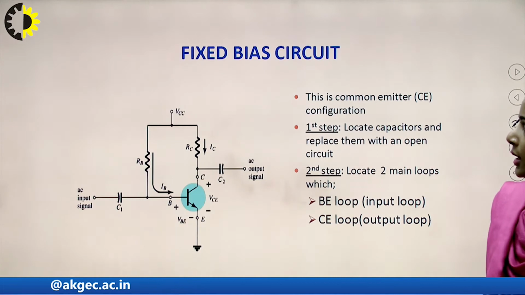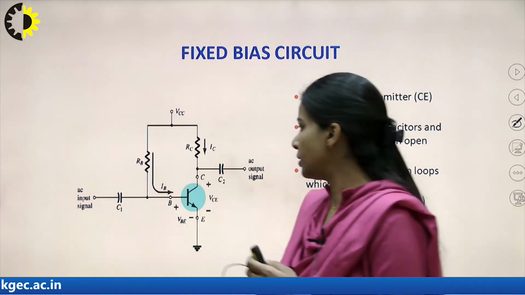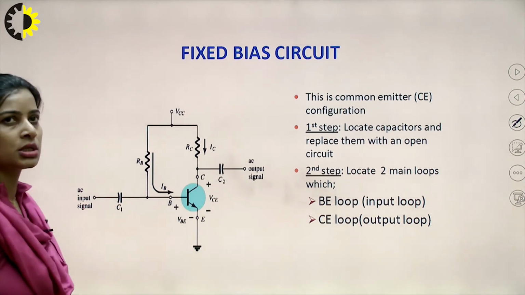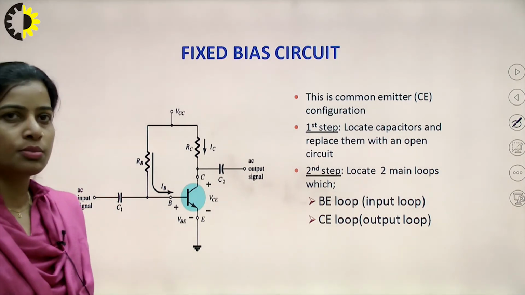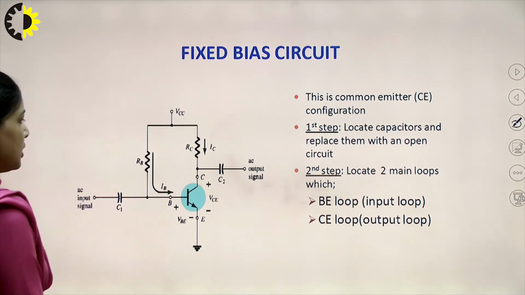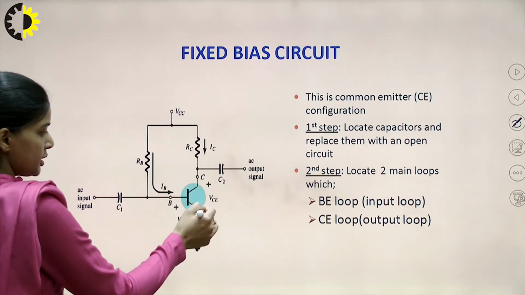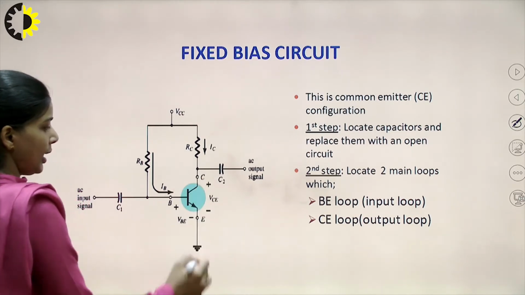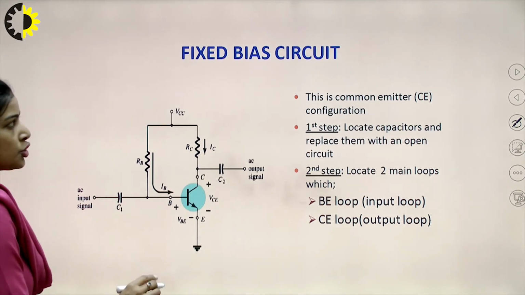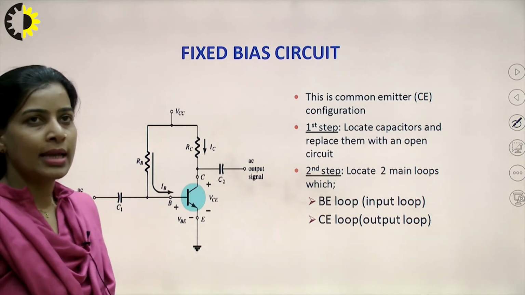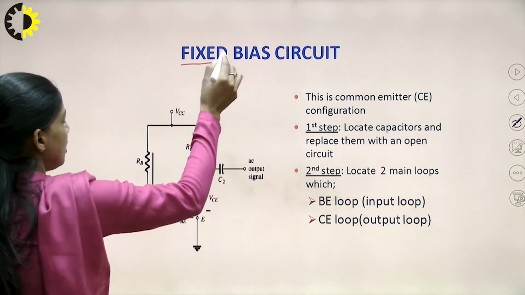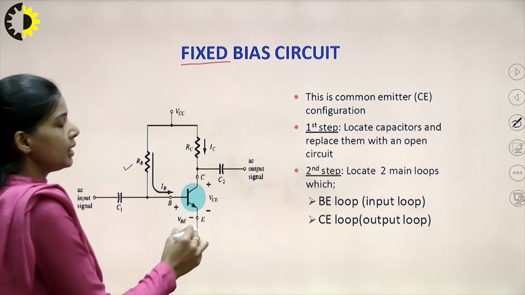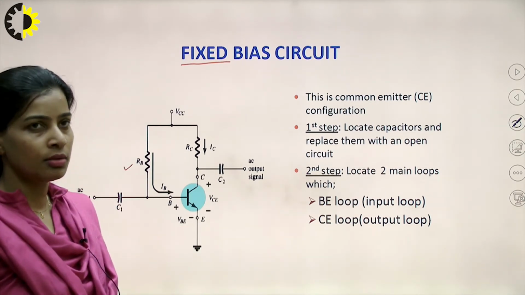The first one is the fixed bias circuit. That is the configuration to bias a bipolar junction transistor in a fixed biasing configuration. This is an NPN bipolar junction transistor. Here we have base, collector and emitter. To have the fixed bias configuration, we place a base resistance and a collector resistance, and in the emitter loop we do not have any resistance.